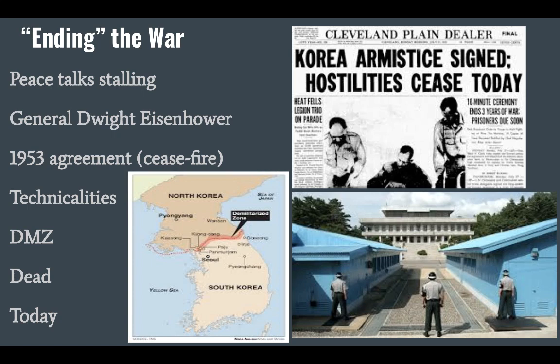He is elected, and then not too long afterwards, in 1953, we have the peace agreement, if you will, that lasts to today. Technically, a peace treaty has not ever been done, and there is technically a state of war between the two sides, although in the last year, we've had meetings between the leaders of North and South Korea, and that's been a really big deal.